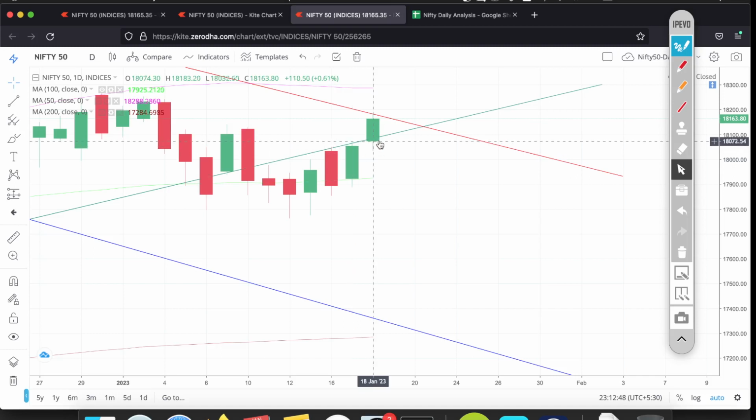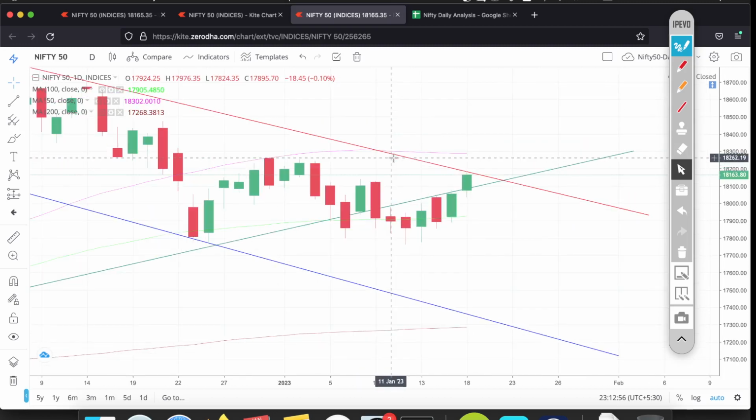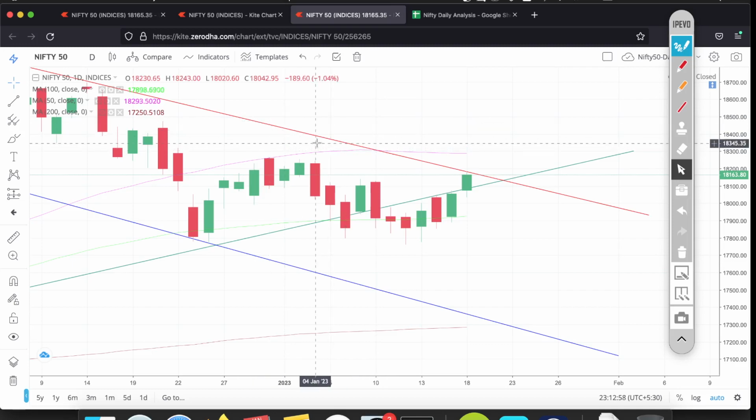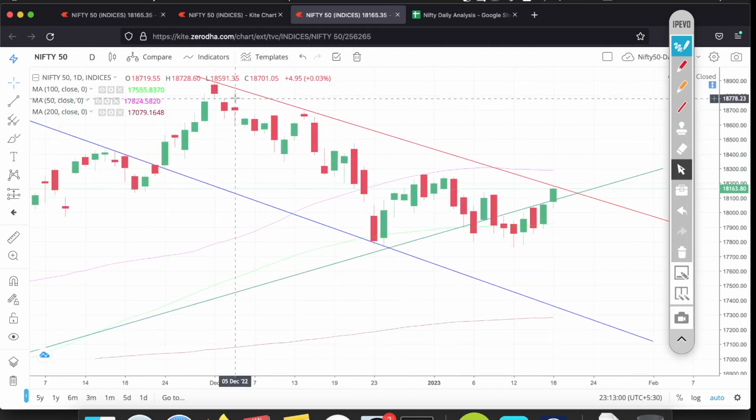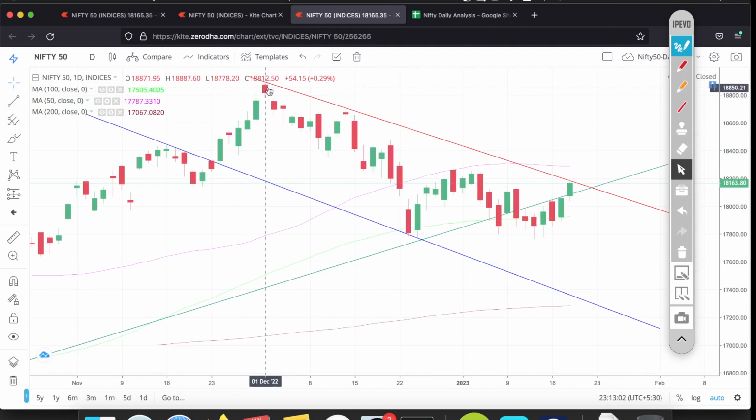And today, the price opened just below it and then took out that resistance and went up, and it faced resistance from this falling resistance line, which started from the all-time highs on 1st December, and then again it got tested on 14th December.